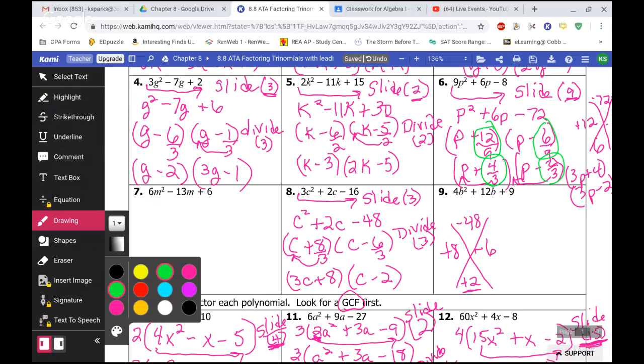So then you bottoms up, and I got 3p plus 4 and 3p minus 2. So you have to get the fraction to its lowest terms, and if it still won't come out to be a perfect, pretty clean integer, you bottoms up. So slide, divide, simplify, bottoms up, if necessary.